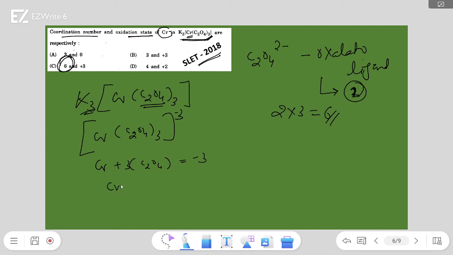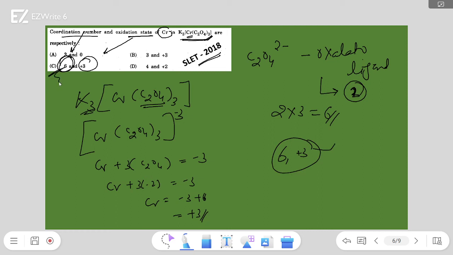Each C2O4 is minus 2, so minus 3 minus 6 gives plus 3. So the oxidation state is plus 3. Coordination number is 6 and plus 3 is the oxidation state. Option C is absolutely correct. SLET 2018.